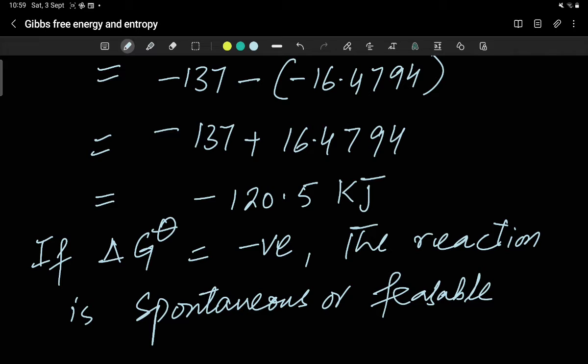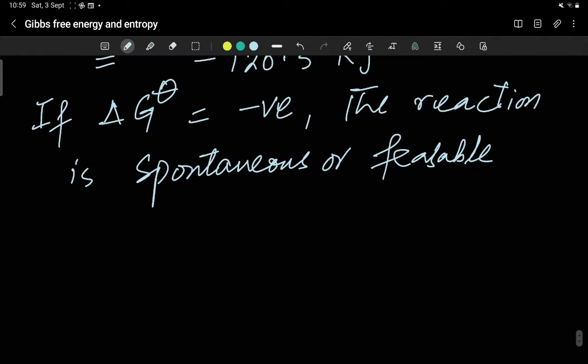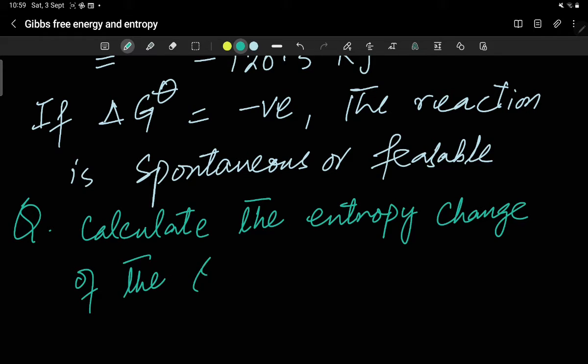This is another example. Calculate the entropy change of the surrounding for the reaction.